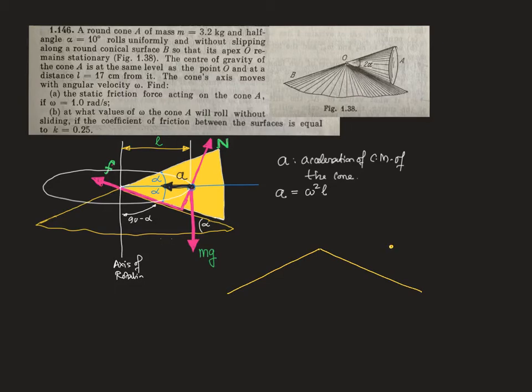I am drawing only the center of mass of the cone and the forces; later on I will resolve these forces. So this is force N, this is force mg, and this is the frictional force F. Now let's resolve N into components and also resolve the friction force into its components.